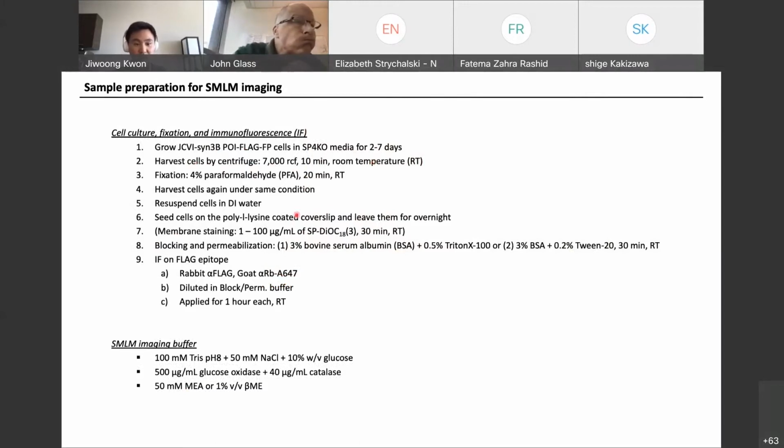For the immunofluorescence labeling, I fixed the cells with 4% PFA, and I permeabilized the membrane with Triton or Tween 20. The IF labeling follows a standard protocol commonly used for mammalian cells.